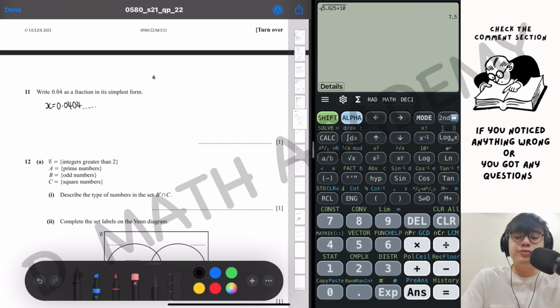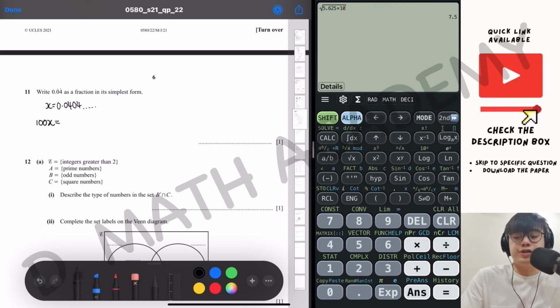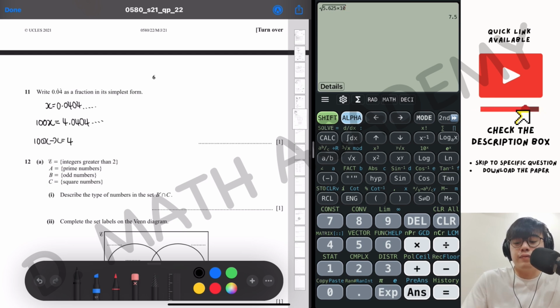And because there are 2 dots on top of the repeating figures, we're setting 100x for it. So when you multiply this with 100x, which means you shift it by 2 steps, you will get 4.0404 and repeating. So when you take the difference here, which is 100x minus x, you have a balance of 4, because the recurring part will be cancelled entirely.